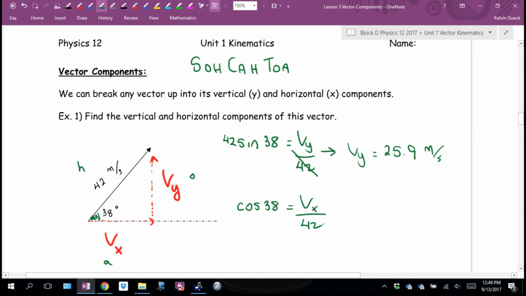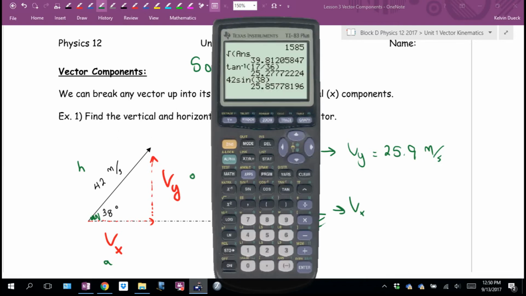How would I get the Vx by itself? I'm going to do the same shtick. Cross out the 42. In fact, I'm so lazy, I noticed on my calculator I can just backspace and edit, and all I have to do is change the sine to a cos. It's even less typing. And I get a horizontal component of 33.1.